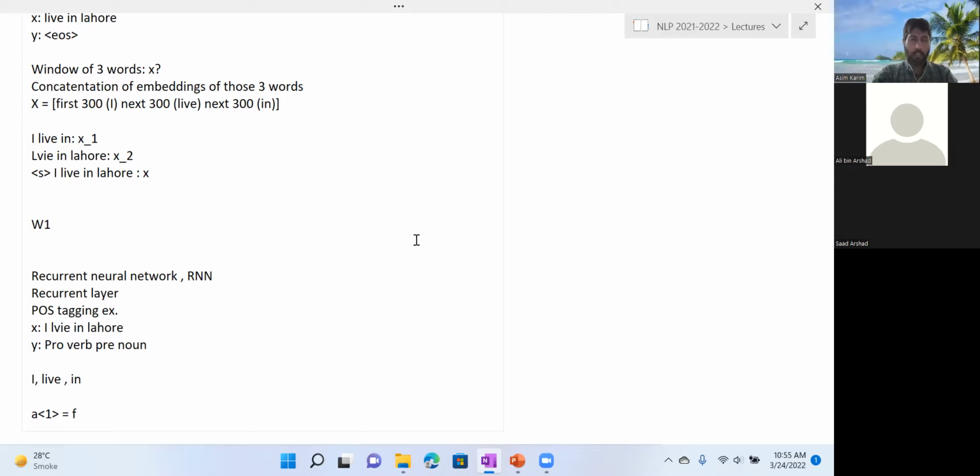F is the activation function or transfer function. And then we have W subscript AX, the weight matrix multiplied with the input X at time 1, plus another weight matrix, WAA, which takes as input the previous output A0, plus of course the bias BA.